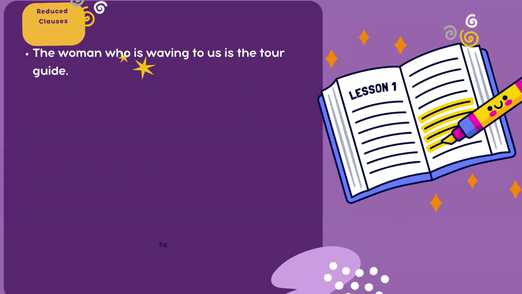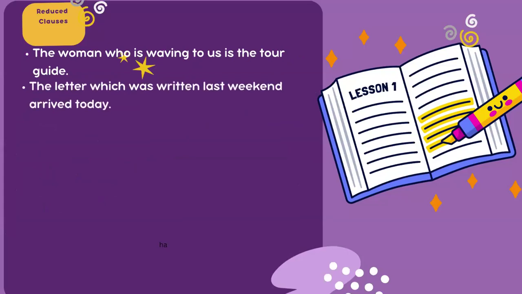Let's see another example. We have this one. The woman who is waving to us is a tour guide. The letter, which was written last weekend, arrived today. The pitcher that is on the table is full of tea.